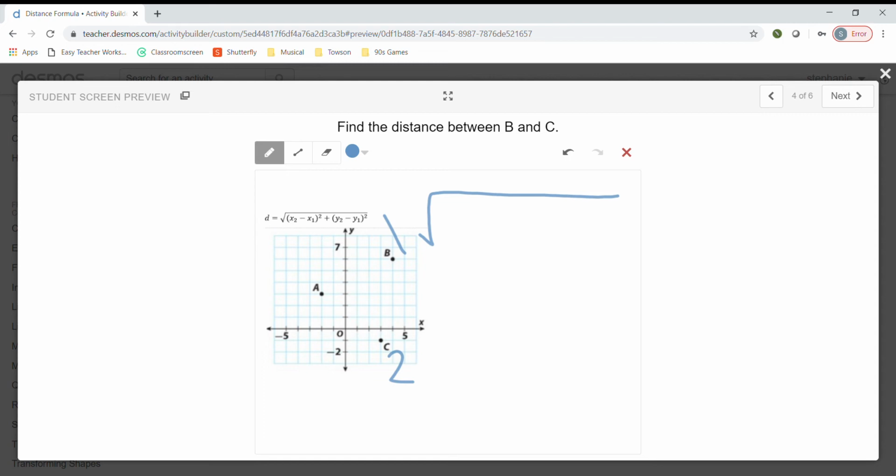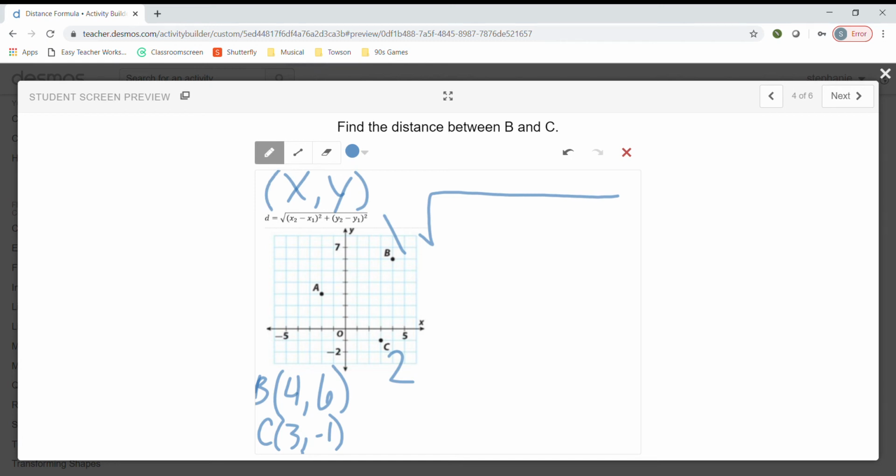So B, ordered pair, is 4, 6. So this is point B. Point C is 3 and negative 1. Okay, so remember my ordered pair is always X, comma, Y, every time.